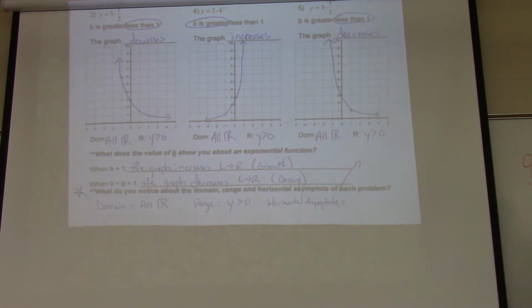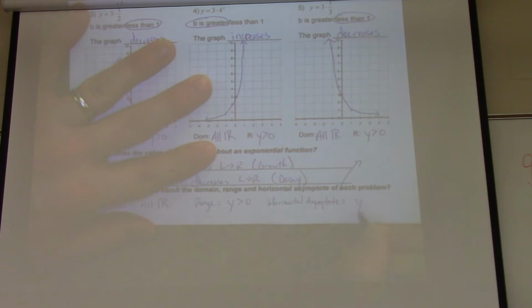What is the equation of the line it cannot cross? Very close. Y equals 0. It goes through the x-axis, so it's y equals 0.